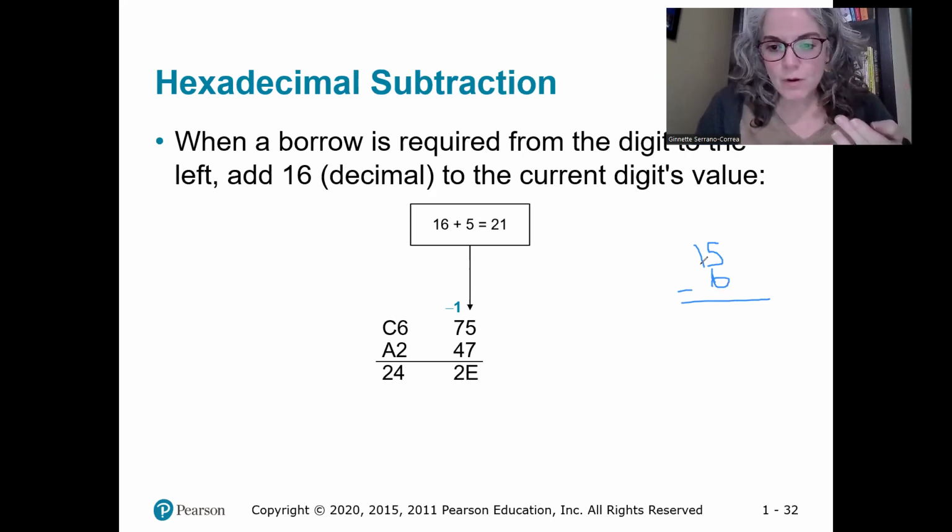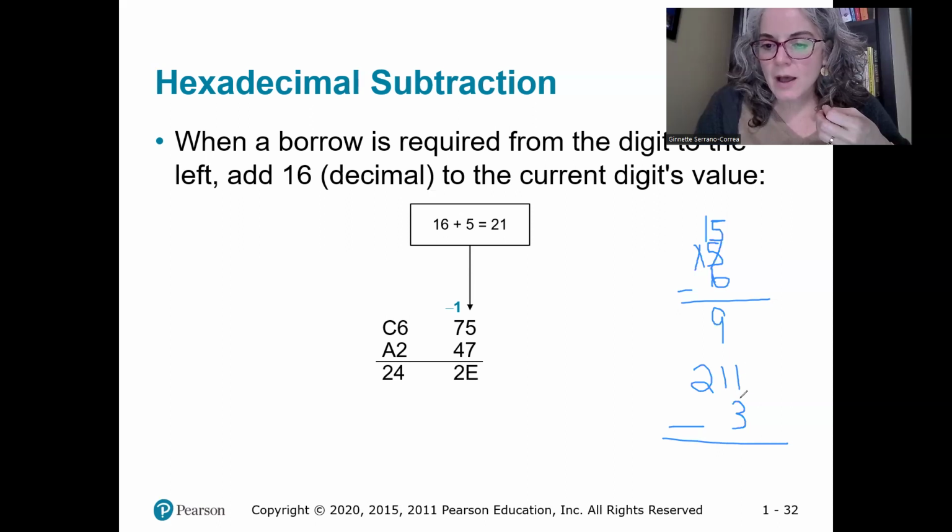You're not borrowing 1, you're borrowing 10. This is in the tens place. So when you borrow this 1, this 5 becomes a 15. And what you're saying is, now take 6 away from 15. Well, 6 away from 15 is 9.